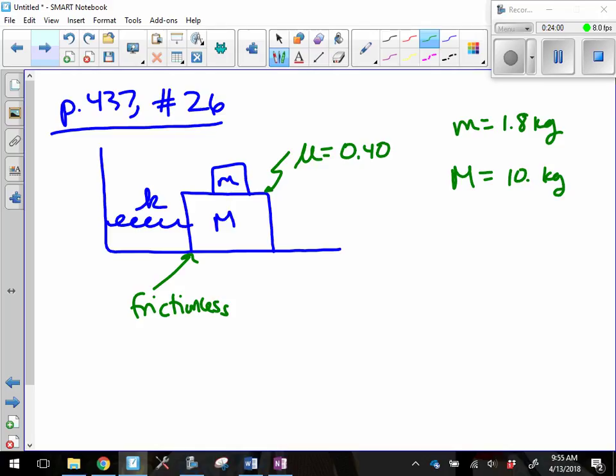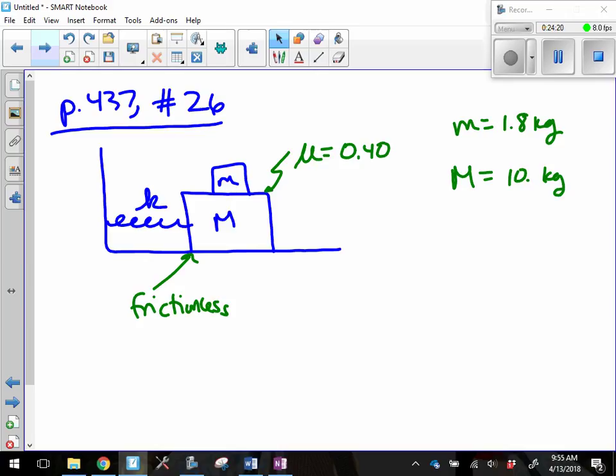And so this is another one of those extreme case problems, where they ask what amplitude of simple harmonic motion of the spring-block system puts the smaller block on the verge of slipping over the larger block.